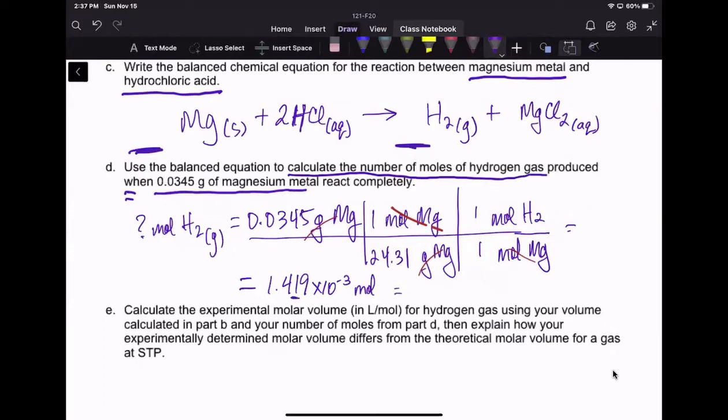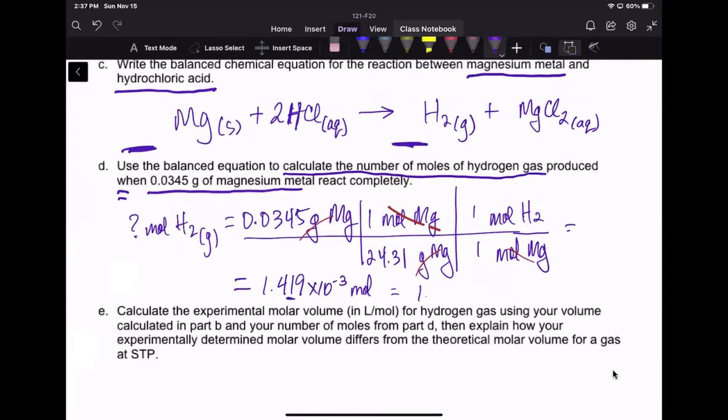Where I have the 10 to the minus 3, I could replace that with a lowercase m. Only if that's comfortable for you, you can do a conversion. Or if you're comfortable with writing it as millimoles of hydrogen, I should have my label here too. That becomes handy. Okay, so in the next part, what we need to do is calculate the molar volume.